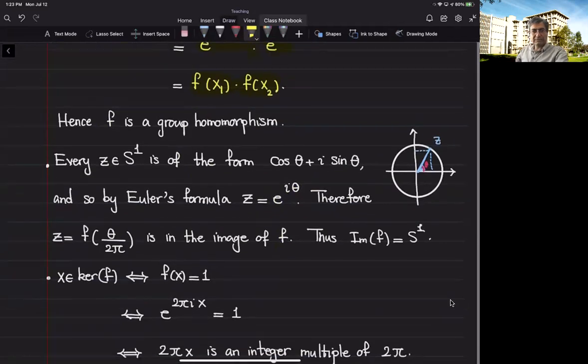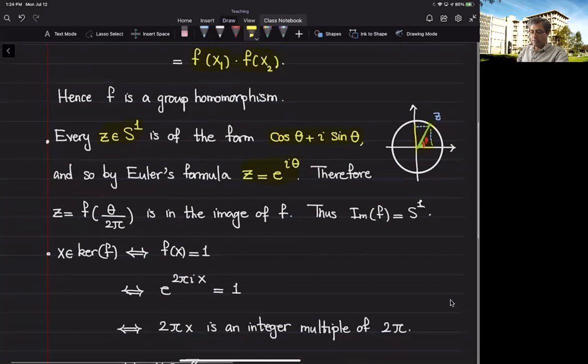Now I want to understand the image of this function. I pick something inside the codomain. I use polar coordinates and think of it as cosine theta plus i sine theta. It's a unit circle, so this distance is 1, and the components of z are given by cosine and sine. So we get cosine theta plus i sine theta. As I've mentioned, by Euler's formula, this is nothing but e to the power i theta.